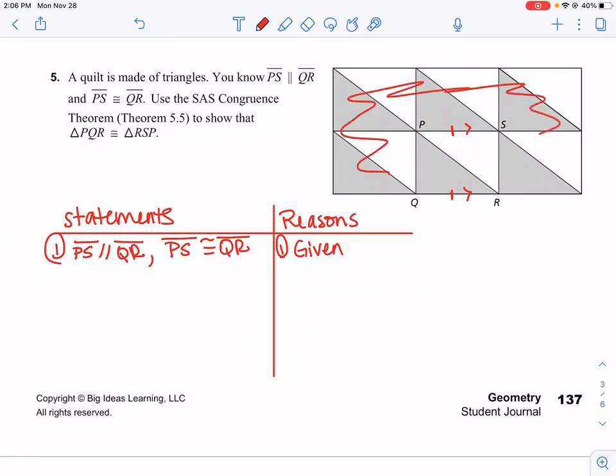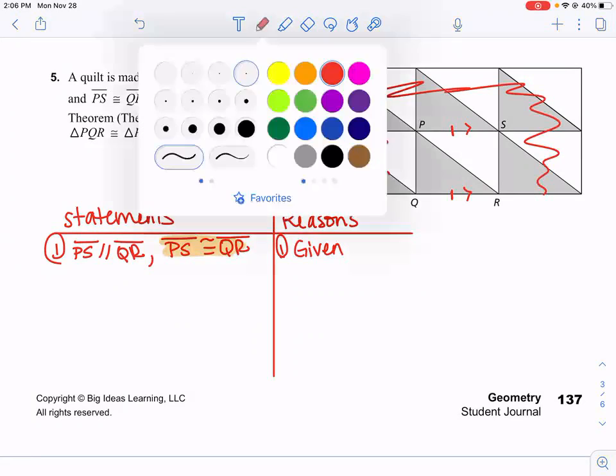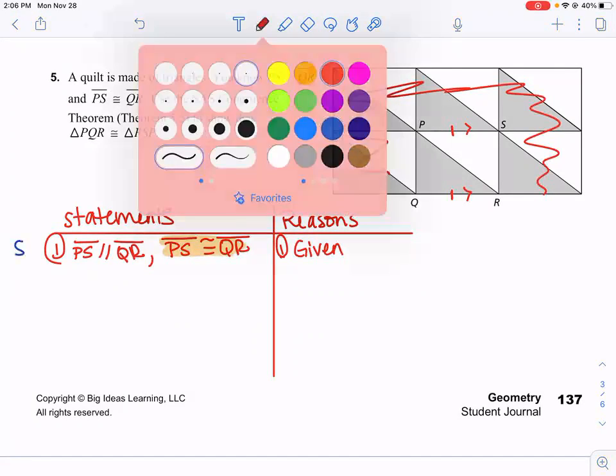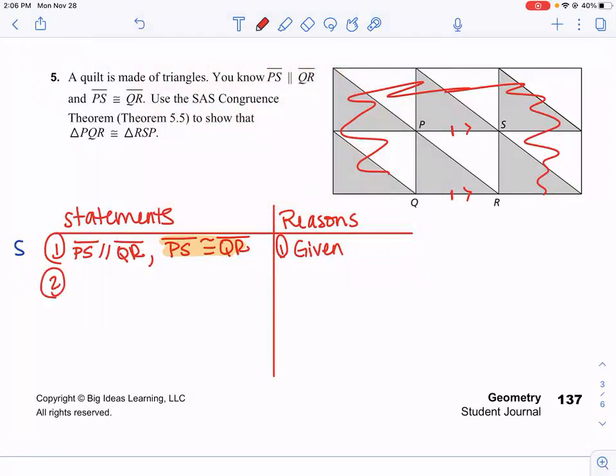None of this matters. It's just those 2 triangles right there. Okay, have they given us anything? Have they given us a side or an angle congruent statement? They gave us a side, okay? And an angle.